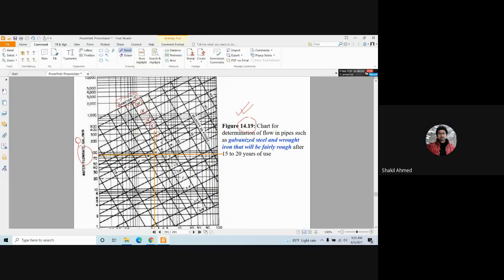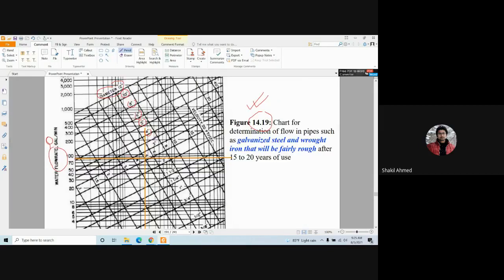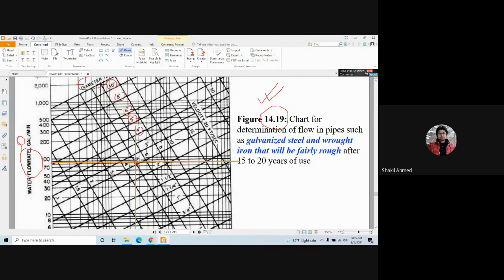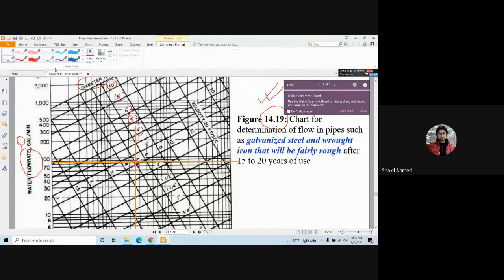If I show it more clearly, this is your point. This is 4 inch pipe. This is 3 inch pipe. This is 2 inch pipe. 4 inch, 3 inch, 2 inch.